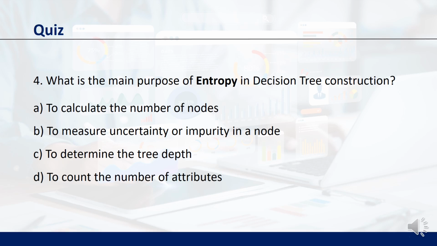Options are to calculate the number of nodes, to measure uncertainty or impurity in the nodes, to determine the tree depth, to count the number of attributes. As we know, the answer is to measure the uncertainty or impurity of a node. Entropy helps us to understand how mixed the classes are.